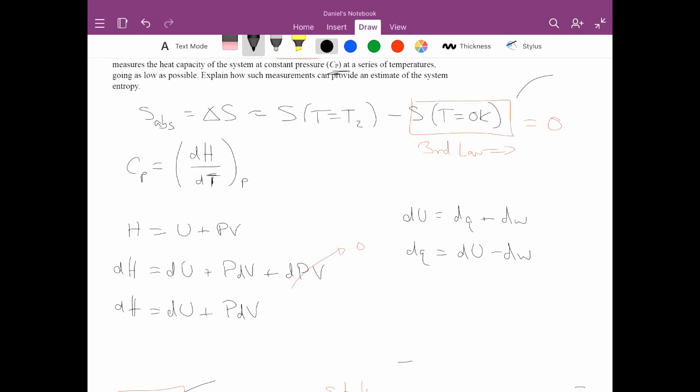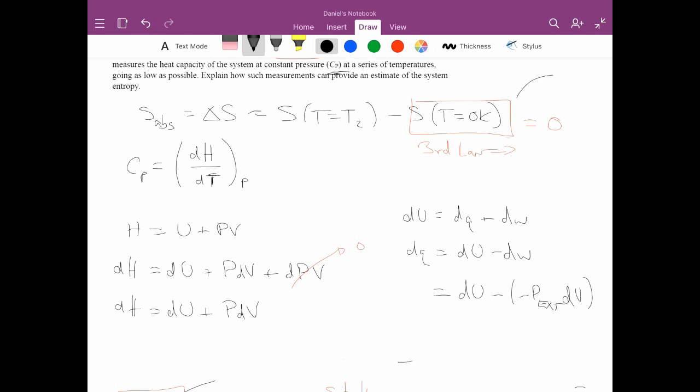And if we assume all the work being done is expansion work, we can say dq equals negative, keep track of the signs here, this is the external pressure, times dV. We had to put a negative sign here because we want to keep the dW positive if there is work being done on the system, which would have a negative dV.